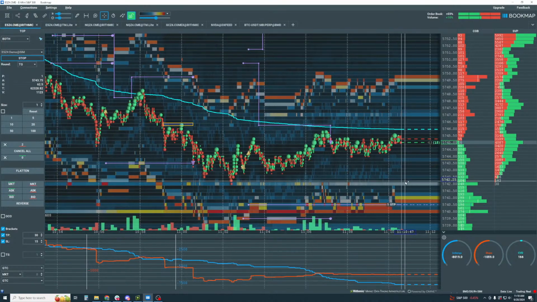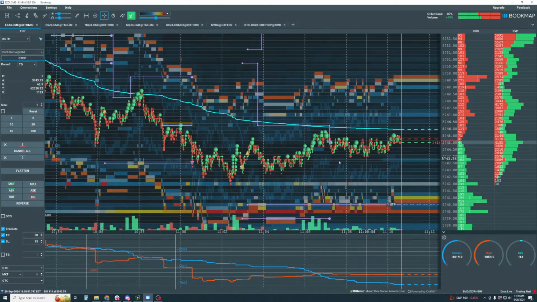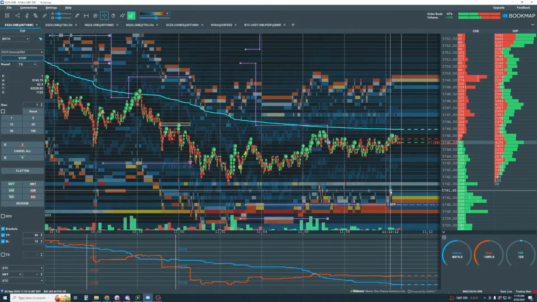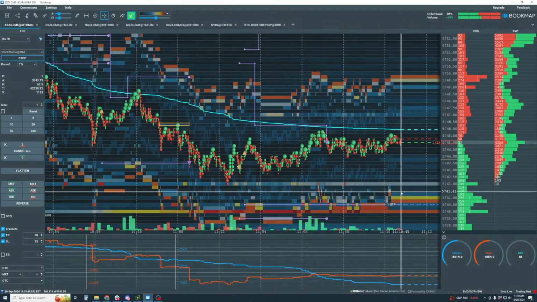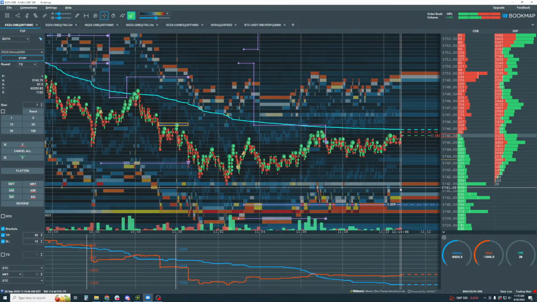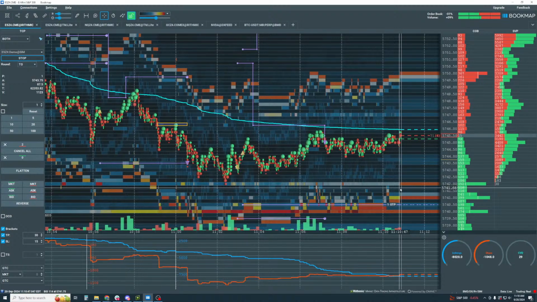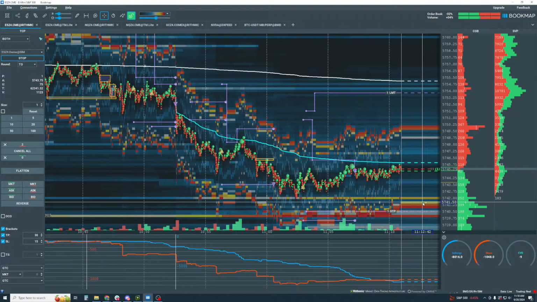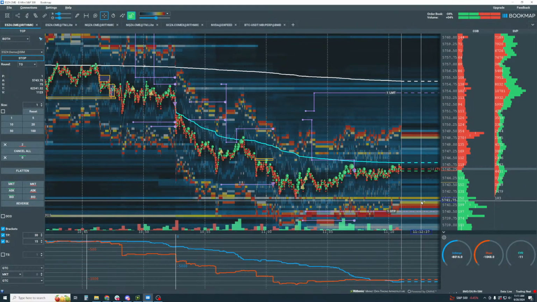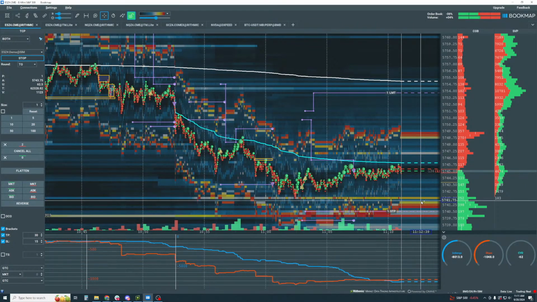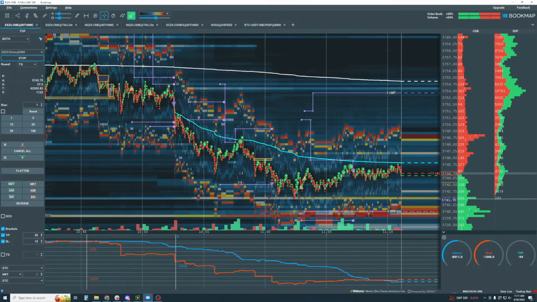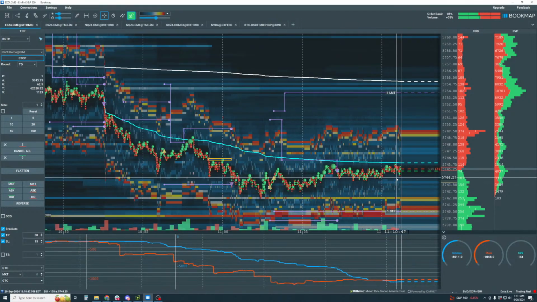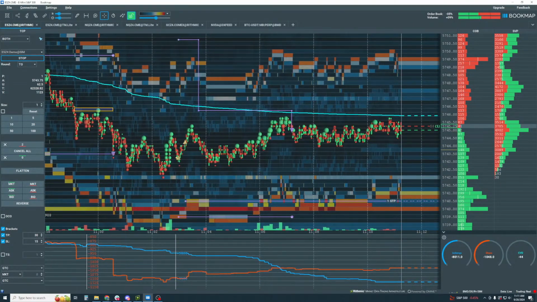Okay, but if it's struggling and all this buying is struggling, can't make a higher high, well, that's telling us something. It has to. Yeah, it's just meandering.